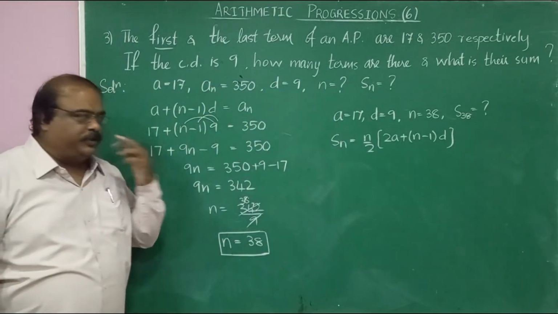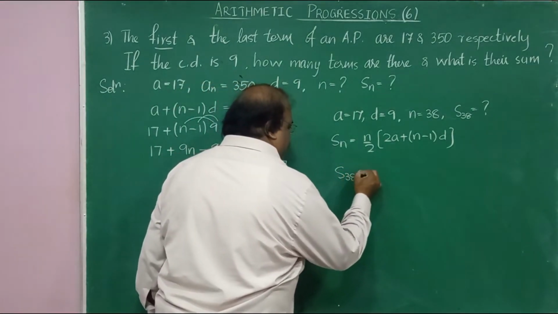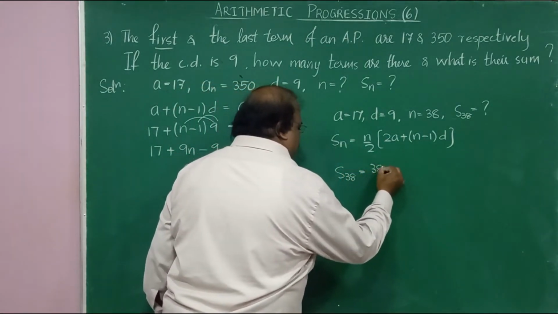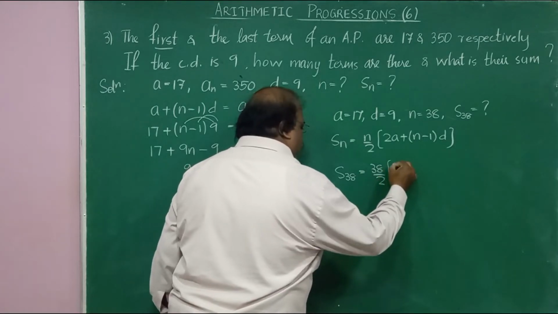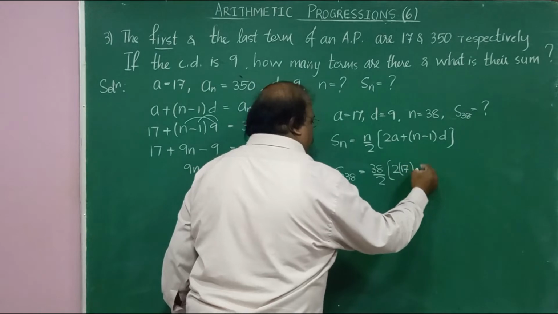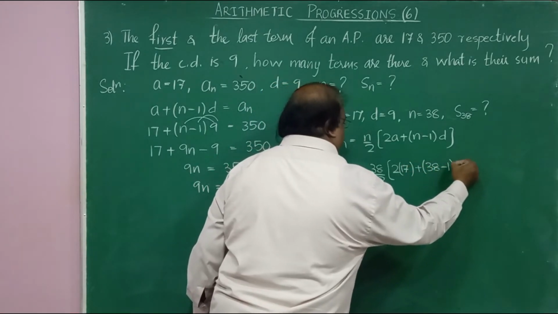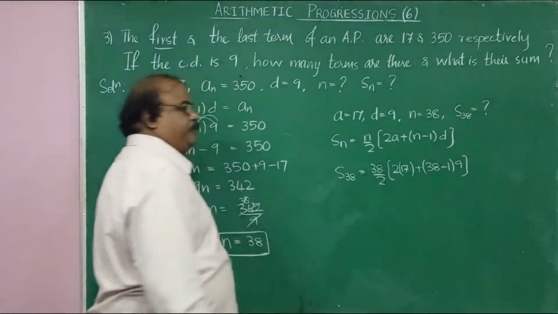We just substitute now. What is S38? S38 is equal to 38 upon 2 into bracket 2a plus 38 minus 1 into d.